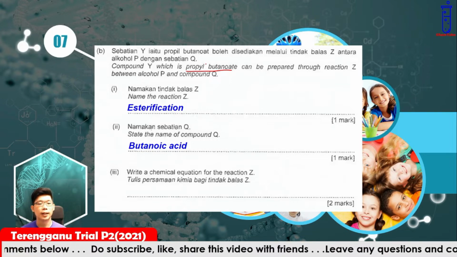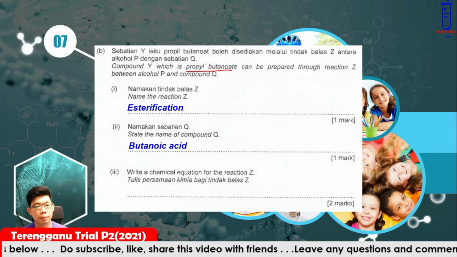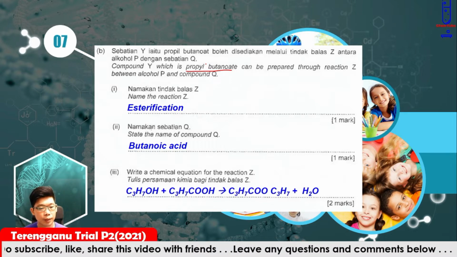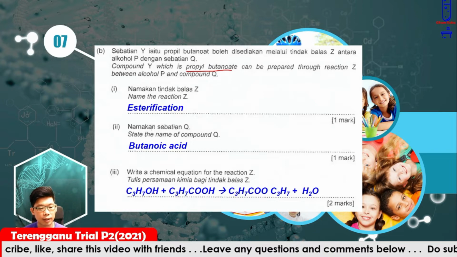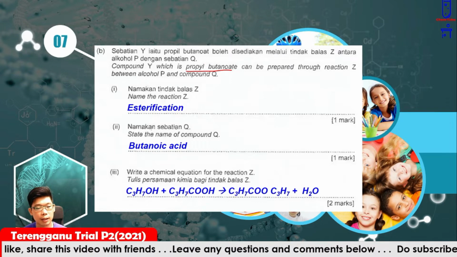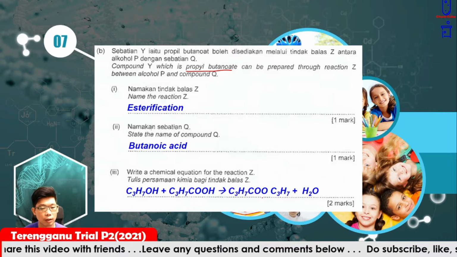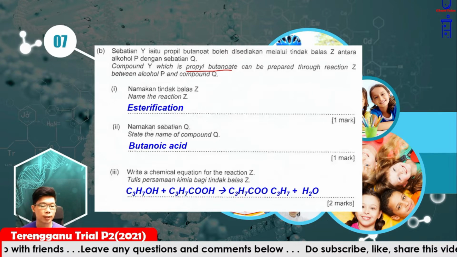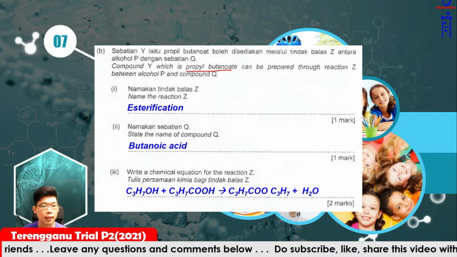Propanol forms the propyl. Write the chemical equation. So propanol C3H7OH, butanoic acid will be CH3COOH. So it forms propyl butanoate with water. So this is a balanced chemical equation.